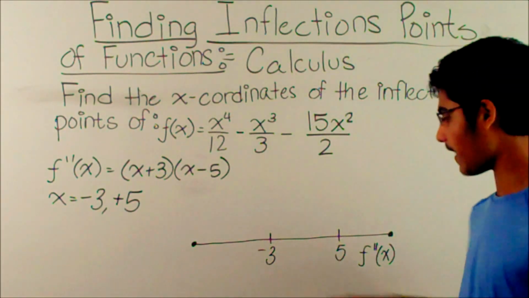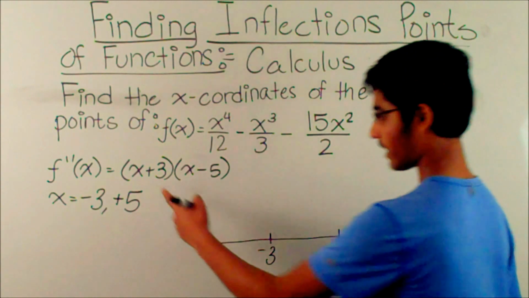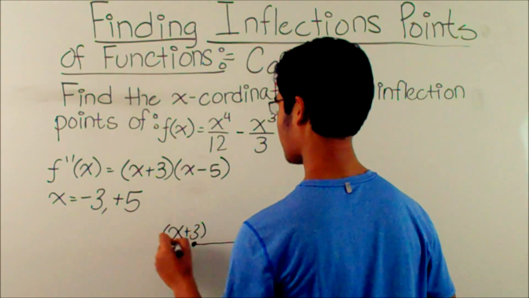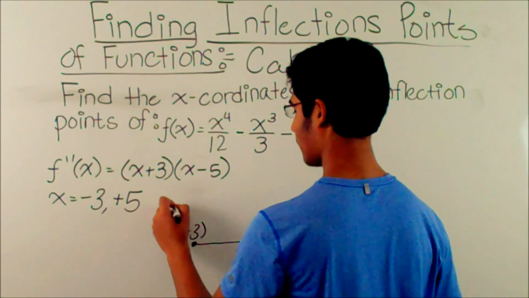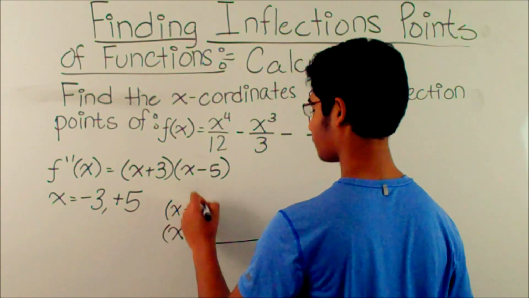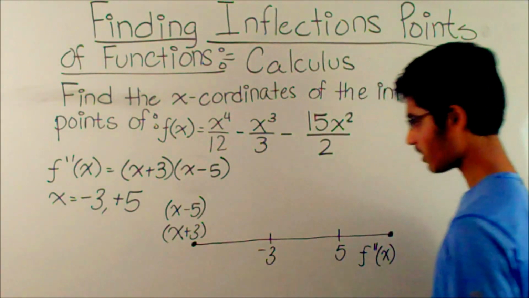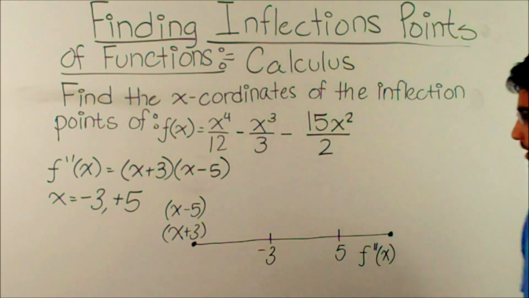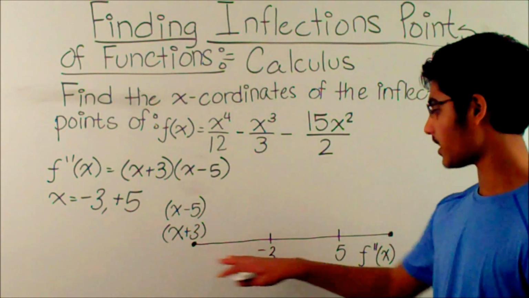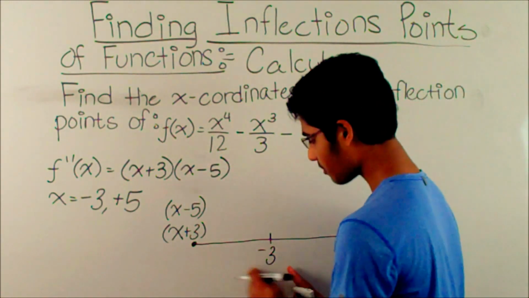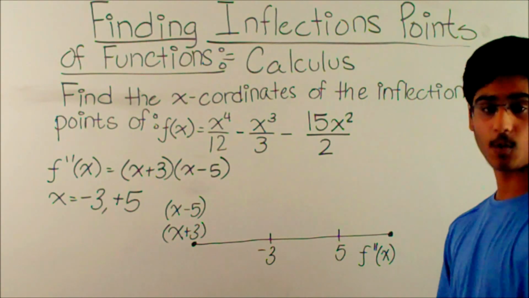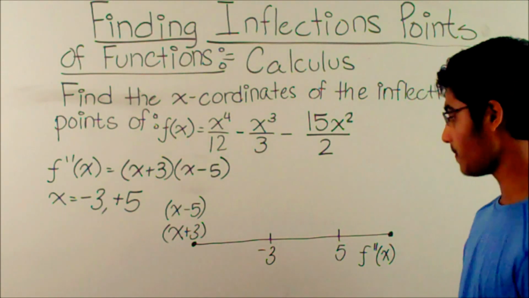And so now let's put down the factors on the sign line. The first factor would be x plus 3. And the second factor would be x minus 5. So let's look at this sign line. So the first factor, x plus 3. From negative infinity to negative 3, let's pick a number. So let's pick the number negative 4. That's on that interval.